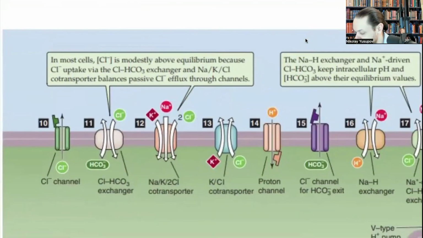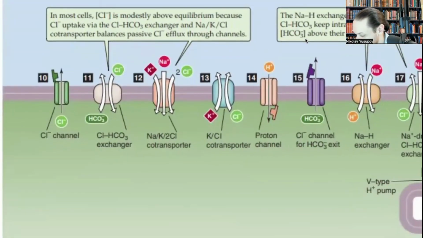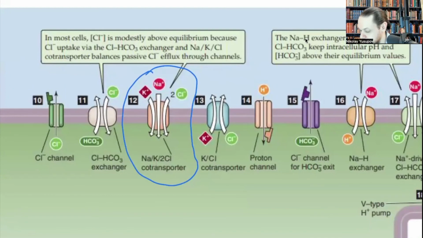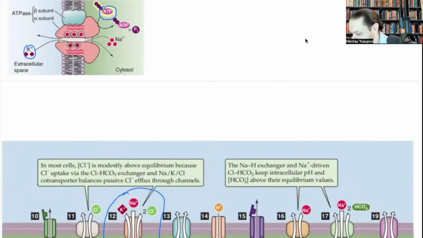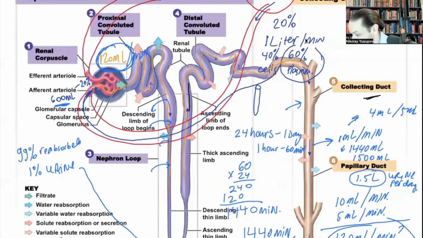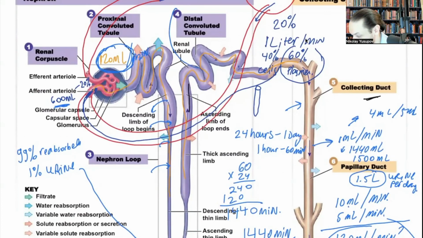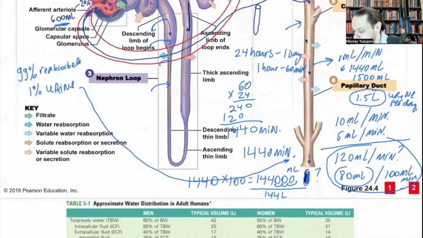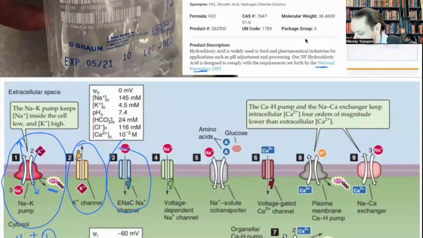The other channel that's important is this channel here. This channel is called the sodium-potassium 2-chloride transporter. It's found in your kidneys, especially in the distal convoluted tubule. If I go to this diagram back here, you see this number 4, the distal convoluted tubule that I'm circling. So the distal convoluted tubule is where you see this channel, the sodium-potassium 2-chloride transporter.